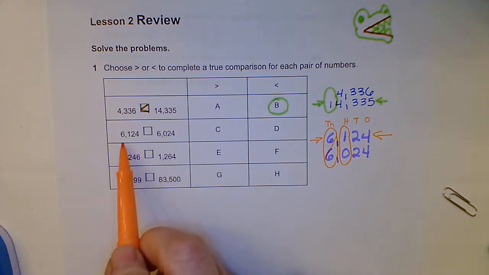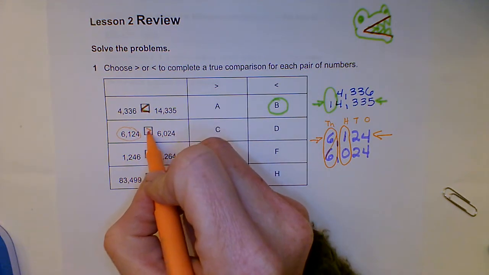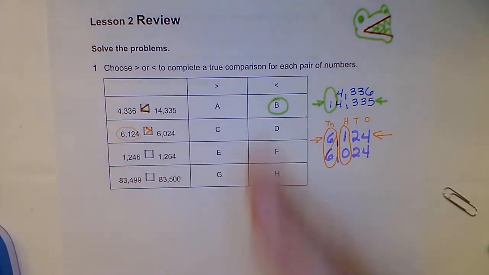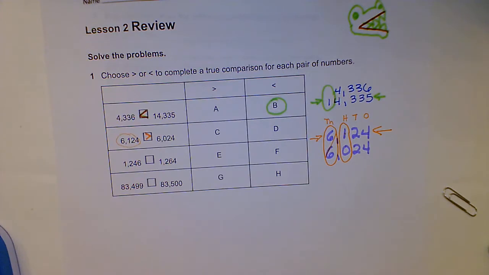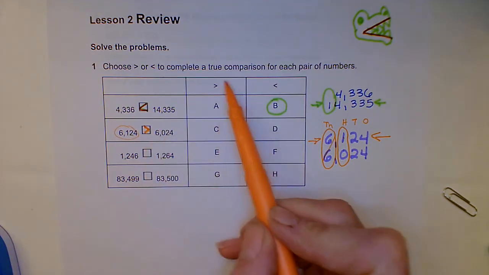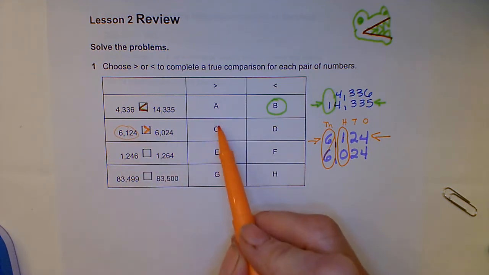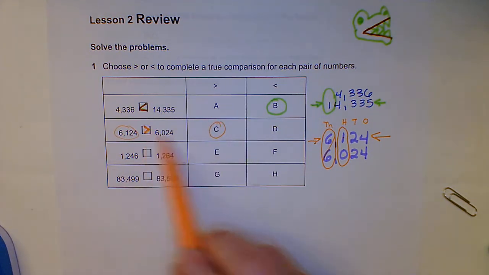And so I want to show that this is the larger number by making the alligator eat the larger number. So I'm going to make it open towards that way. See, he's going to chomp that larger number. So now, notice that this one is facing this direction, and that matches this one. The larger number's on the left, or another way of saying it is greater than, because this is greater than that. I'm going to circle C, because that matches this.